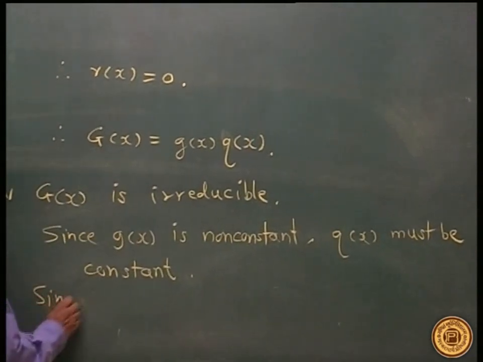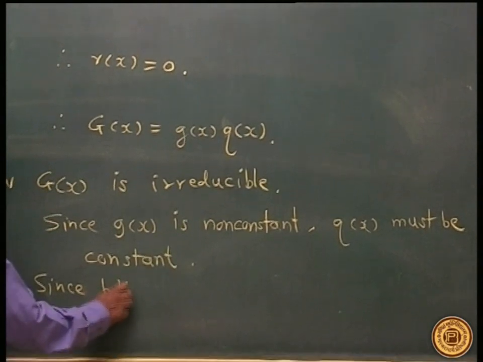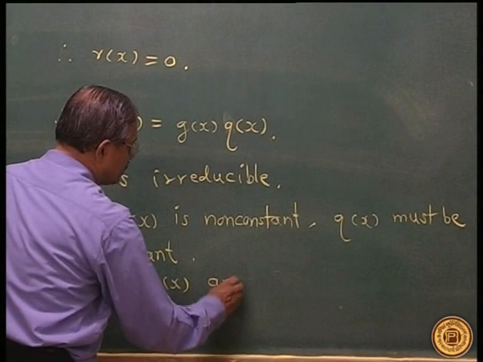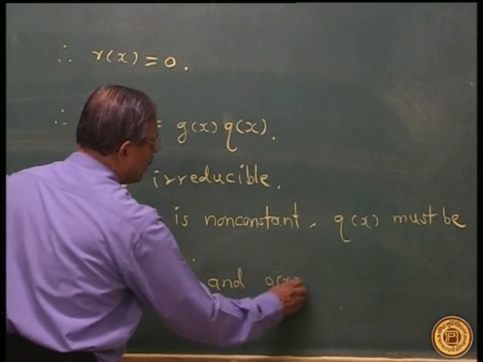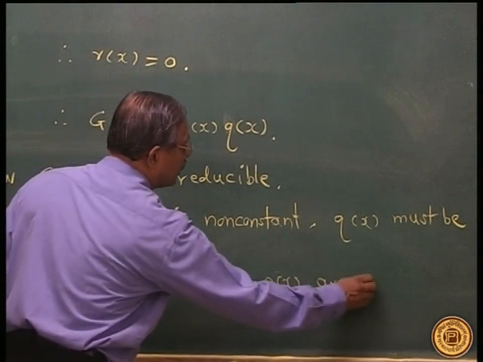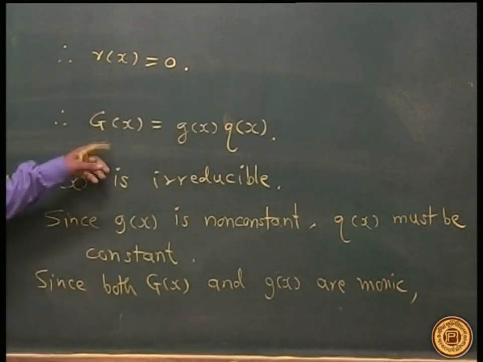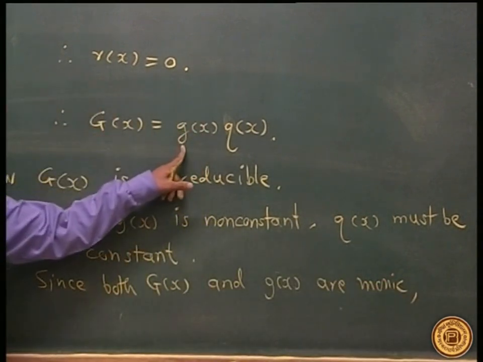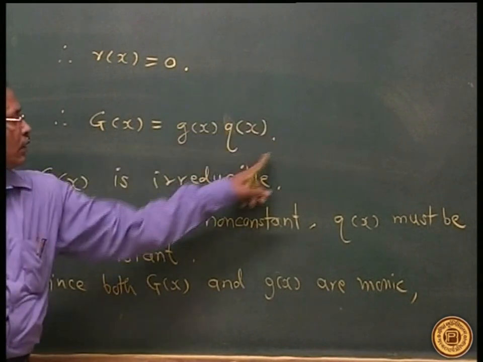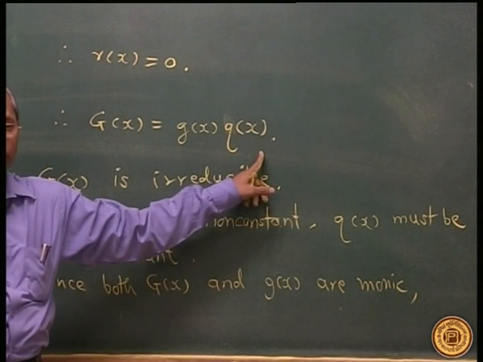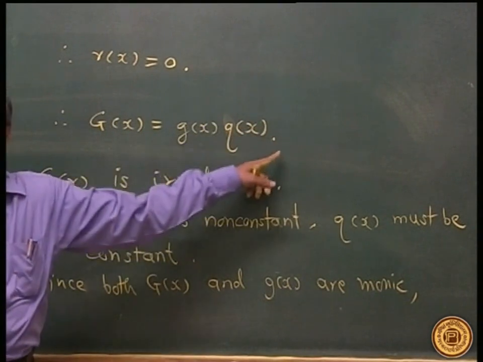Since both G(x) and small g(x) are monic, capital G is monic and small g is monic, and this is a constant. So if you compare the leading coefficients, then we see that this q(x) must be equal to 1.